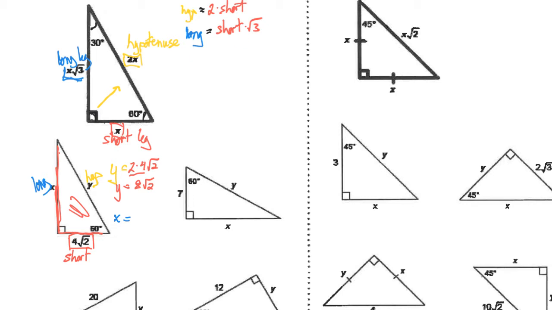So I take the x, which is the long, set it equal to the short, which is 4 radical 2, times radical 3. And when I multiply radicals with numbers, I can only multiply the radicals with radicals. So the 4 will just come down. Radical 2 times 3 is radical 6. And there we go. Now I have the x and I have the y.